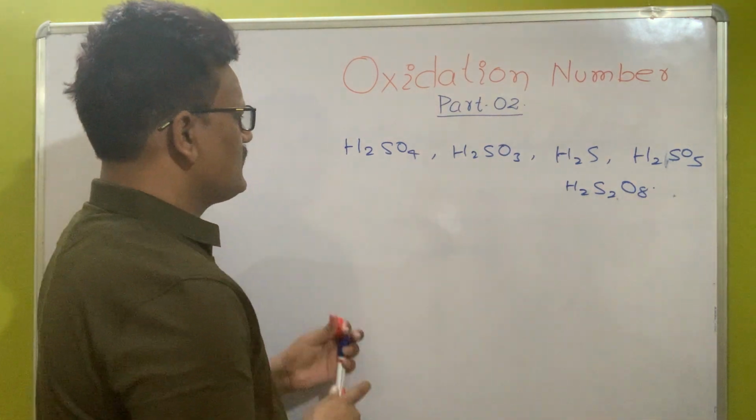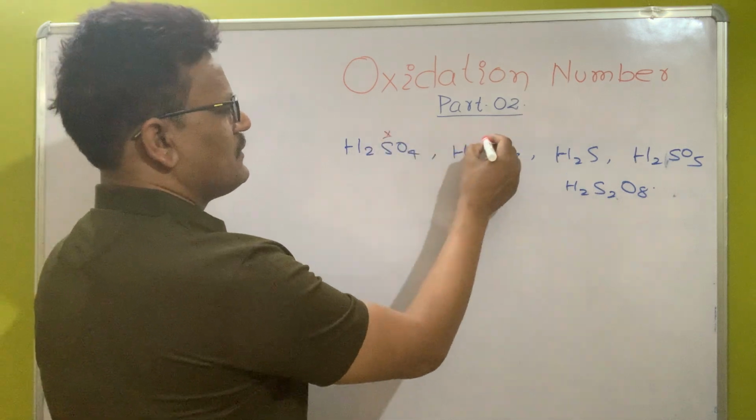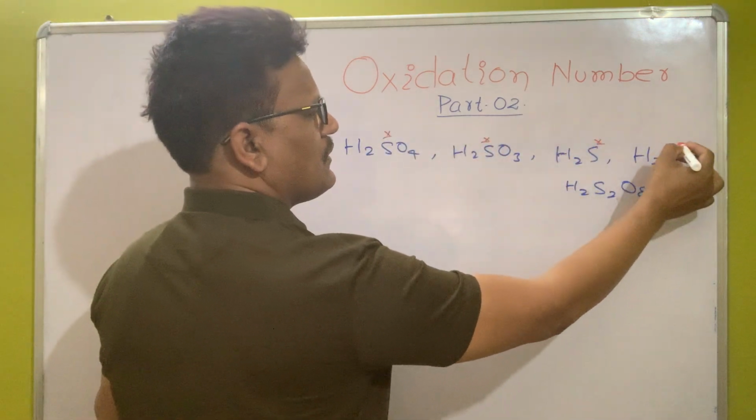We have to find the oxidation number of sulfur in each compound.